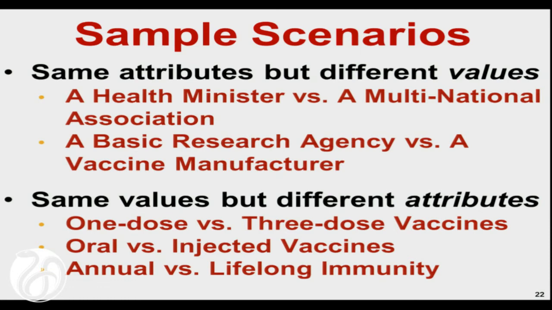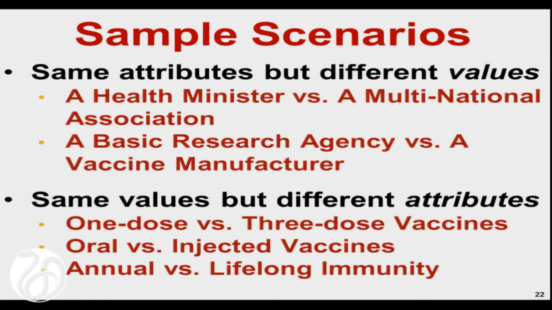One could also think about the perspectives of a basic research organization such as the NIH or Wellcome in Great Britain versus the perspectives of a vaccine manufacturer. They would be able to look at the potential vaccine development from their own perspective using this tool.